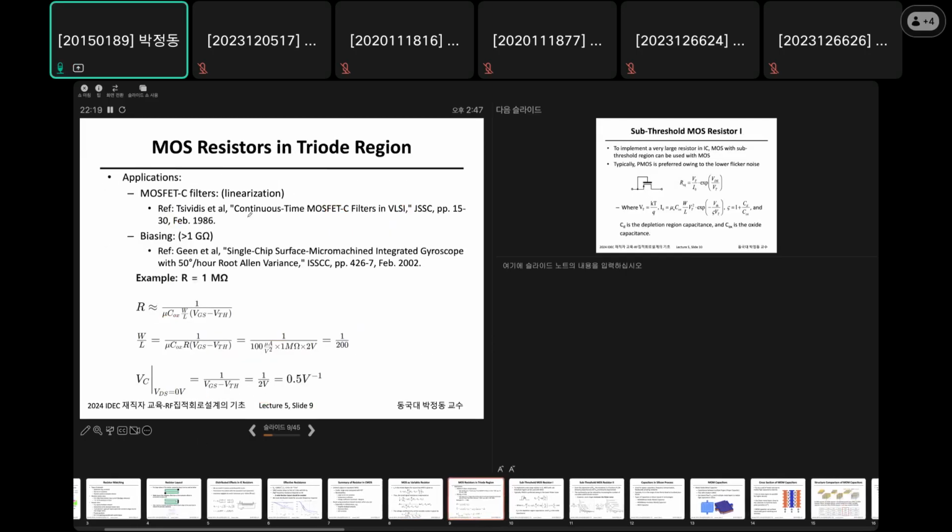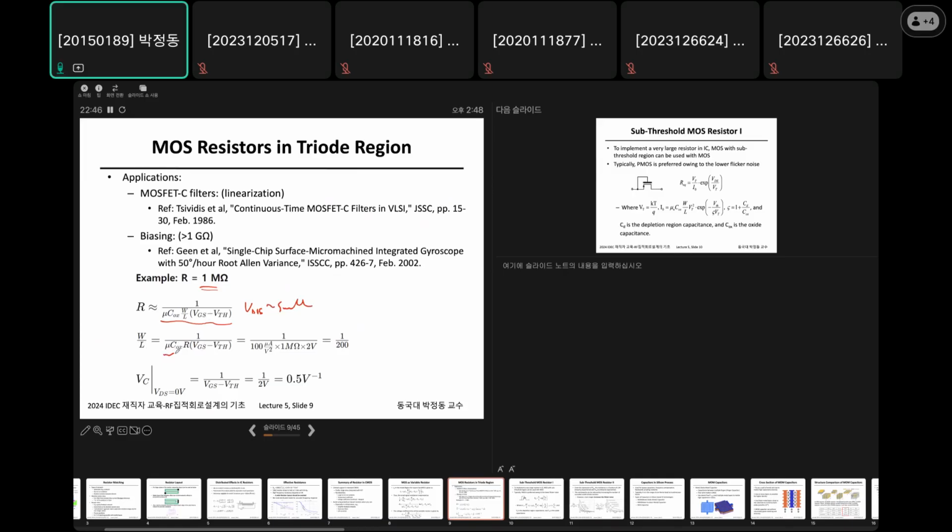So let's take a look at the application. The MOSFET resistor is just given by this when VDS is small. If you want to implement a 1 mega ohm resistor, you just put the values like this.